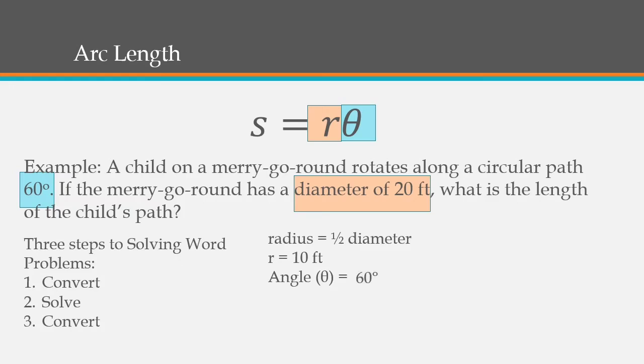Now, because it's 60 degrees, we have to convert to radians in order to use this equation, because this equation only works if your angle is in radians. So let's see how we convert this into radians. We put 360 at the bottom to cancel out the degrees.